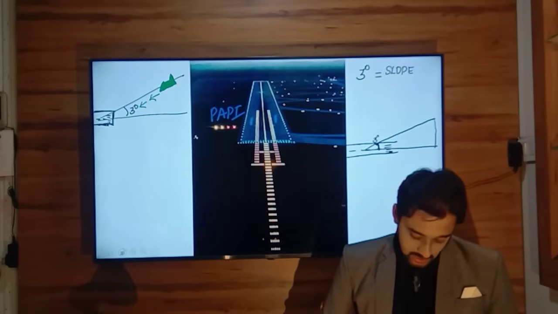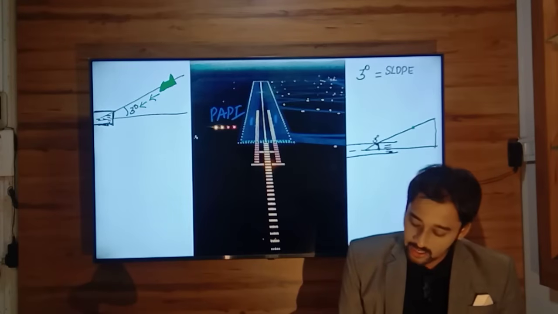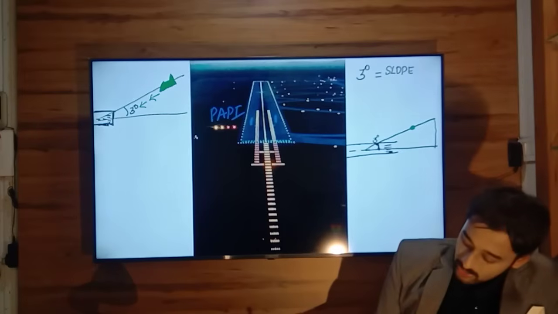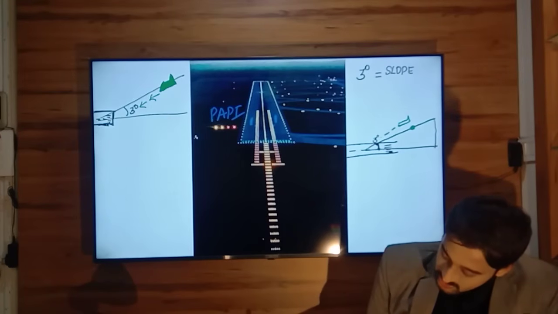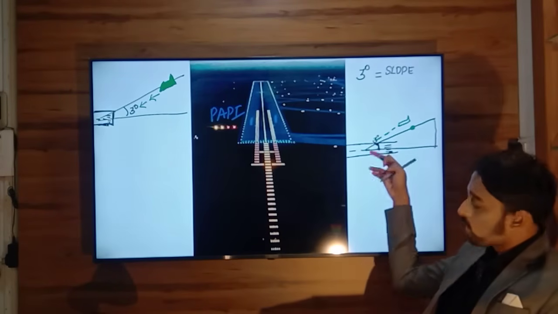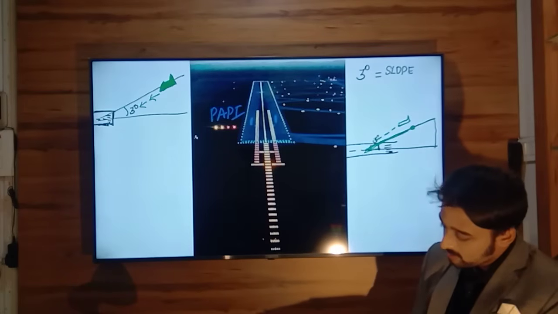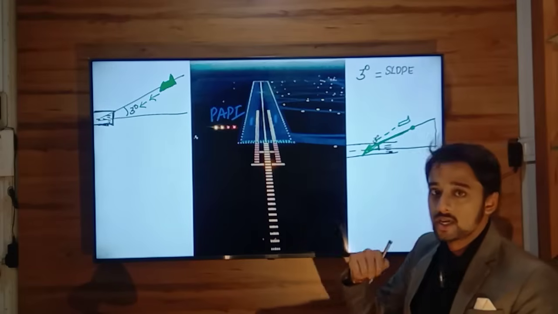And by chance, due to some negligence or pilot error, instead of being correctly on the glide slope, you are a little bit above it and you are coming down towards the runway.